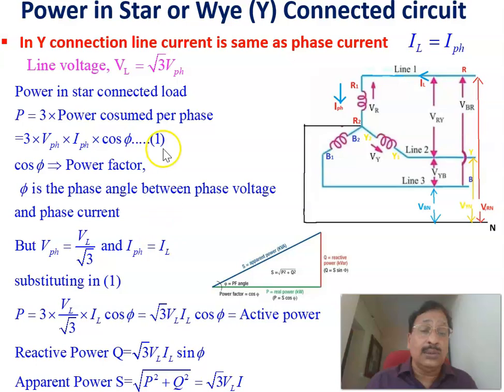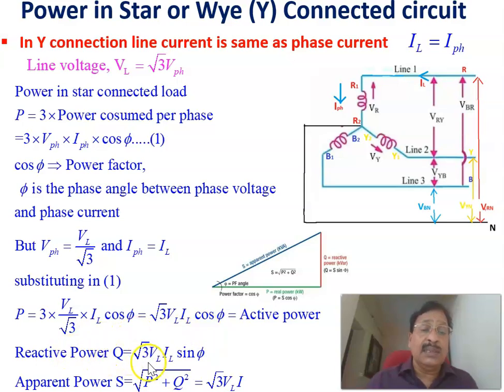Active power P equals root 3 VL IL cos phi. In a star connected or even delta connected system, the equation is the same. VL is the line voltage, IL is the line current, cos phi is the power factor. In the star connected case, line current is the same as phase current, but line voltage equals root 3 times phase voltage. That is the active power.